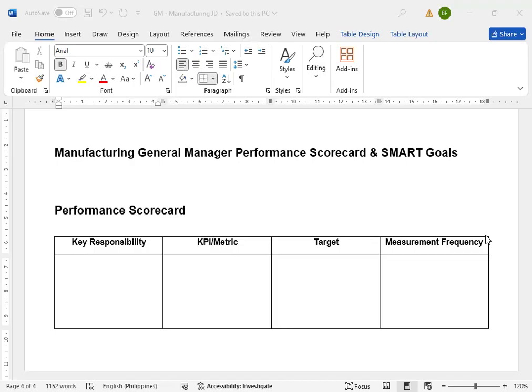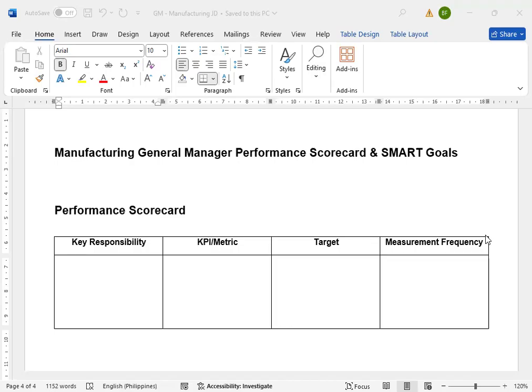It enhances employee engagement, provides clear expectations, motivating teams to achieve goals. It boosts quality and compliance, ensures adherence to safety, quality, and regulatory standards. It strengthens financial performance, reduces cost, increases productivity, and optimizes resource allocation.